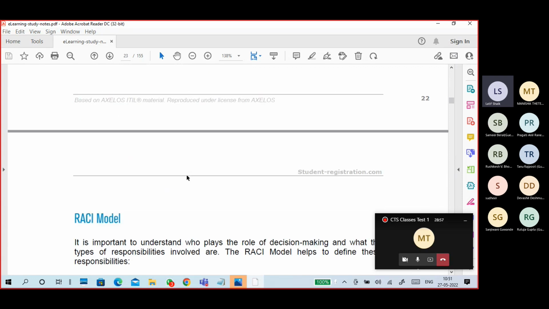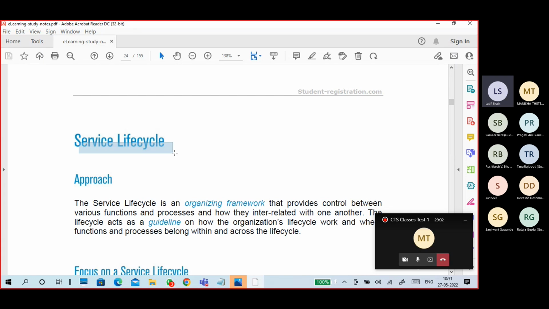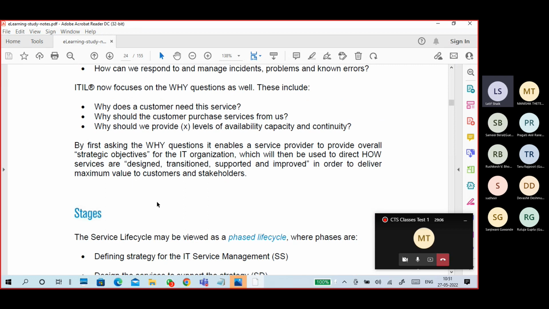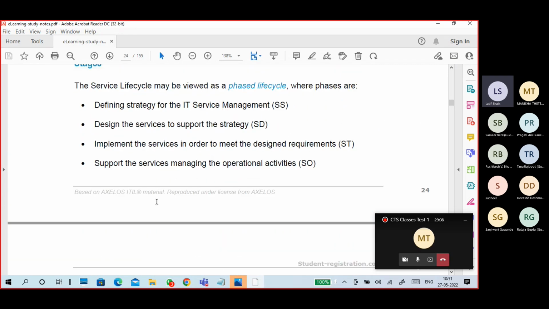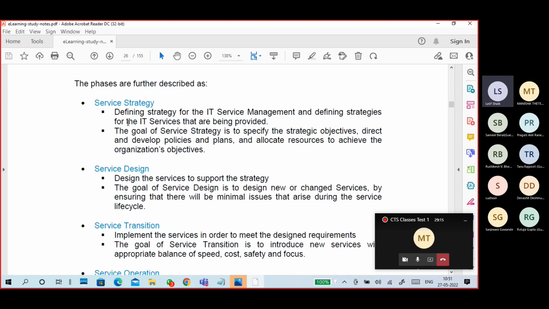That's the point I'm trying to show you. In the life cycle approach, what is the use of these life cycles, their stages and phases, and their importance? It's a simple definition. So what is service strategy?